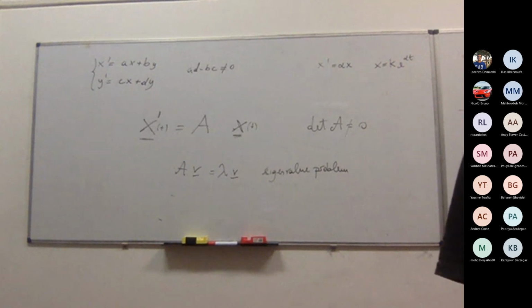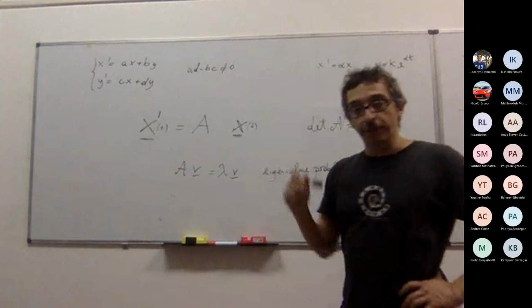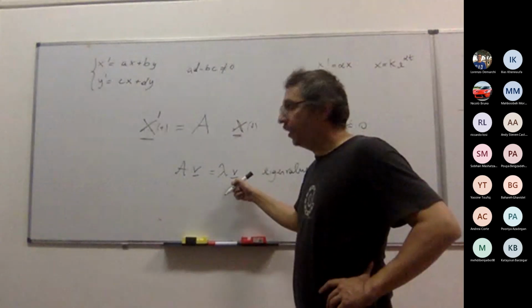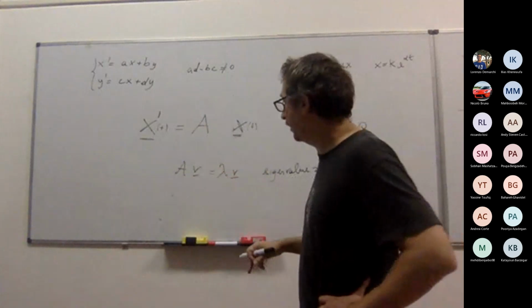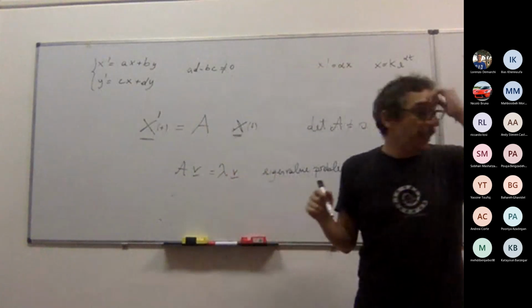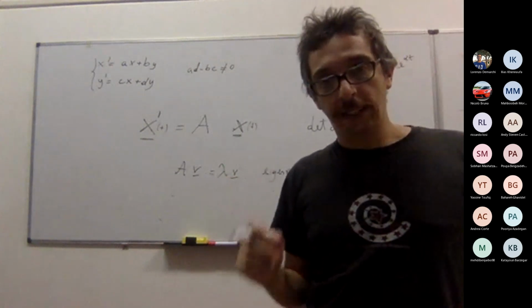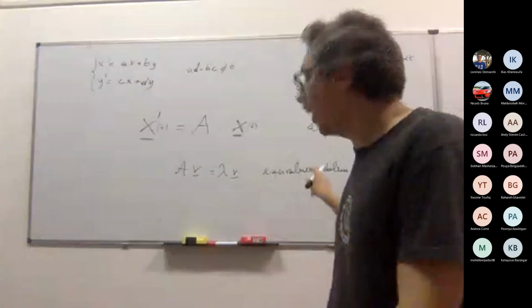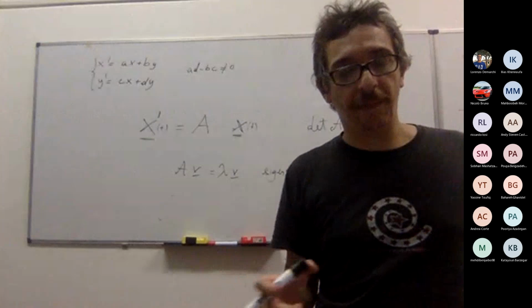Now, in 2 dimensions, because we are in 2 dimensions, so these V are vectors in 2 dimensions, this A is a 2 by 2 matrix. In 2 dimensions, I can at most find 2 solutions, 2 eigenvalues, lambda 1 and lambda 2, to this eigenvalue problem.